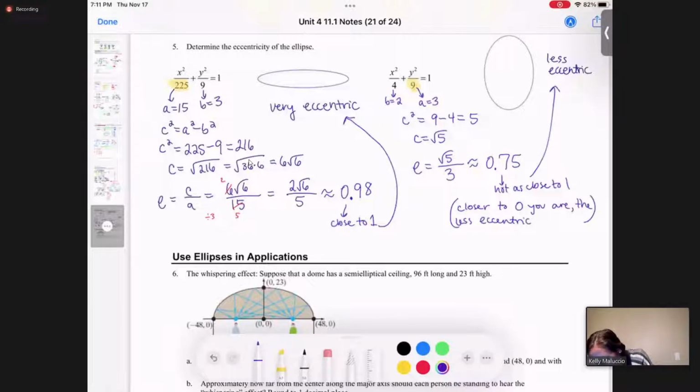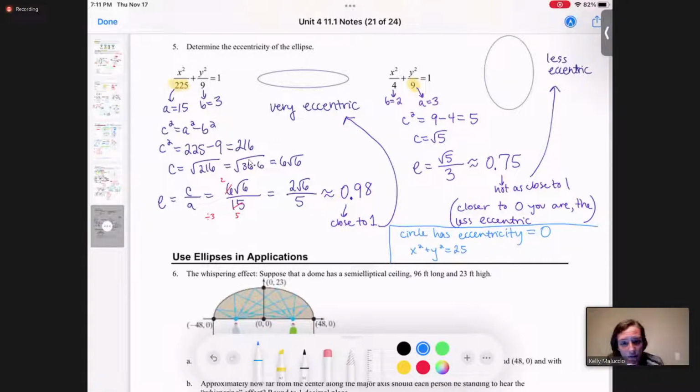But another thing to note is for a circle. I'll write this note here. A circle has eccentricity equal to 0. I definitely can't spell that. Because if you look at an example like x squared plus y squared equals, say, 25, that's a circle centered at the origin with radius 5.